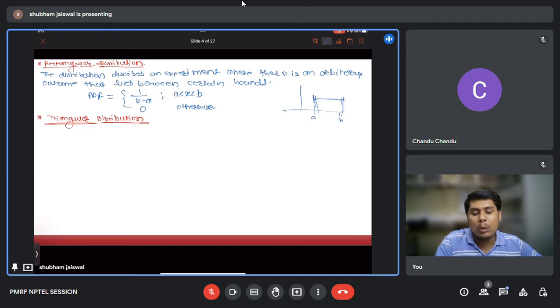It is a process in which our likely outcome falls between our lower bound and upper bound, and it will have some peak value or the mode. When our population is sparse, when we have very little population, that time we can use triangular distribution.